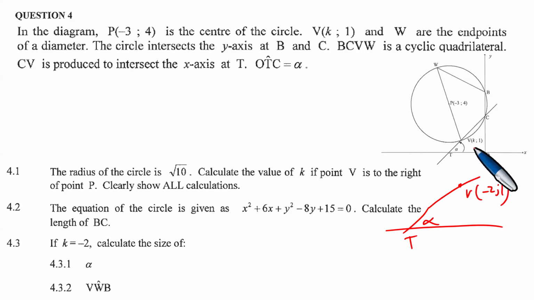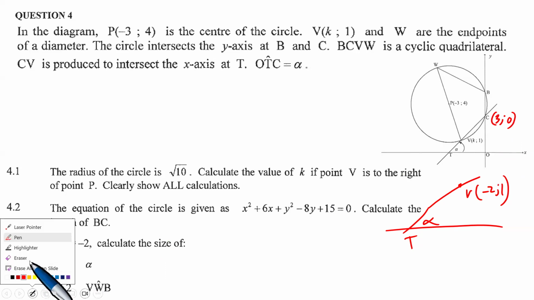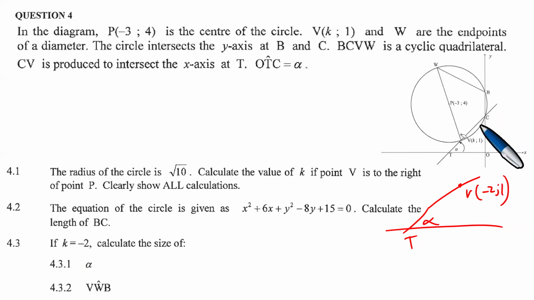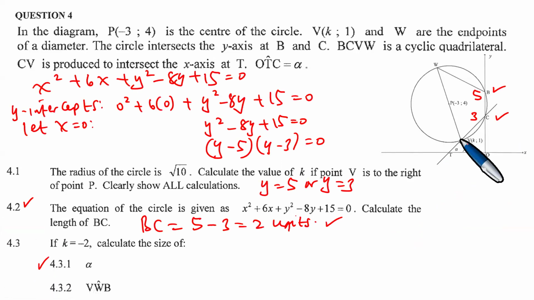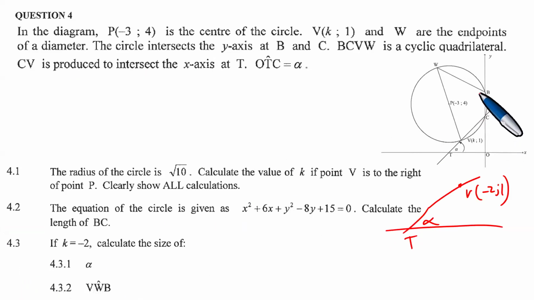We can just find the gradient of the line TC. To find the gradient of the line TC, we have already found the coordinates to be 0 and 3. So x is 0 and y is 3 there.